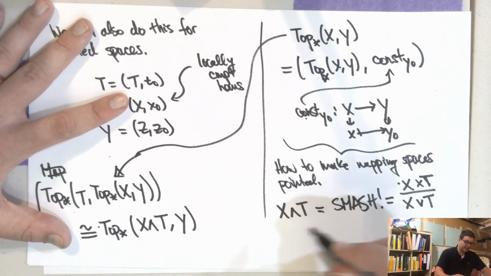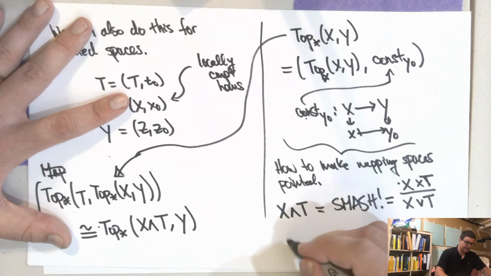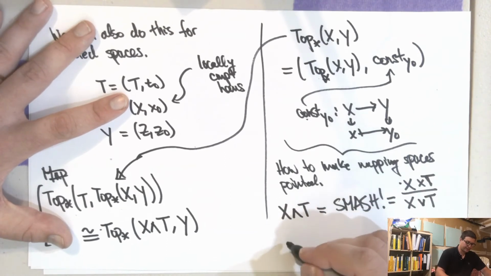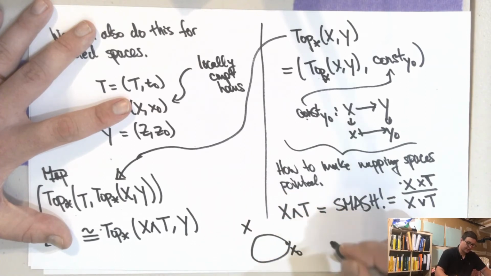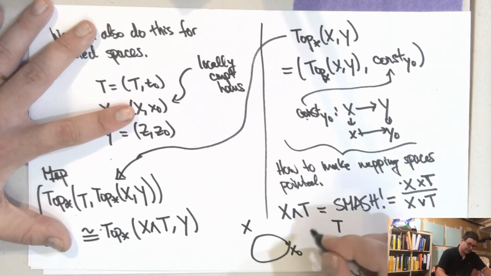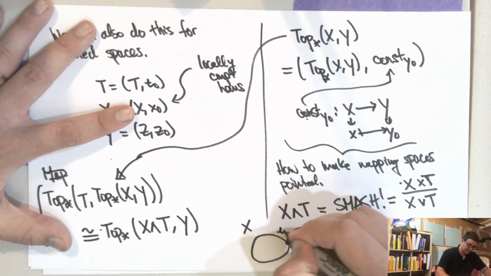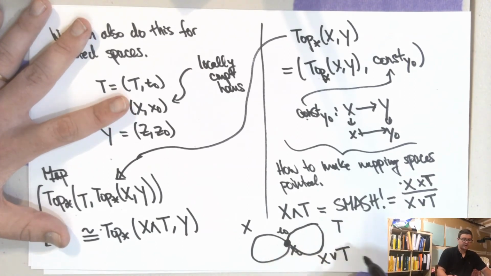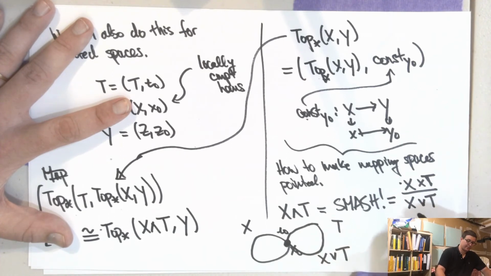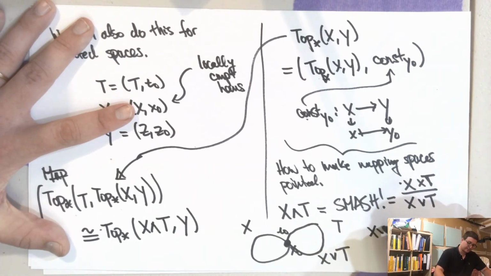So again, what is this thing? So here, if this is x, and here's x naught, and here's t, and here's t naught. So you identify these two things, and this is x wedge t. Okay, and they're smashed at the point. So by the way, this thing here is the coproduct.